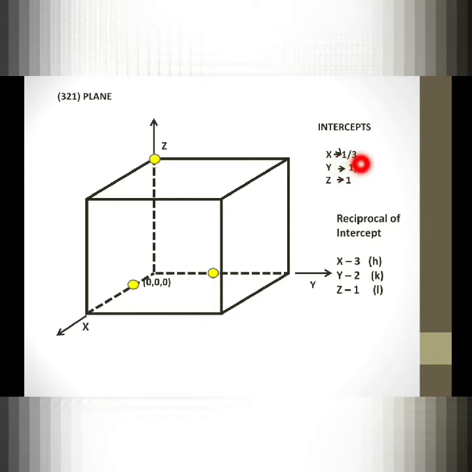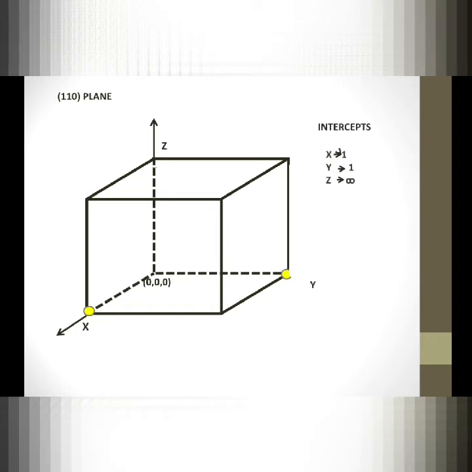The reciprocal of 1 by 3 is 3, that is, 1 divided by 1 by 3 gives 3. The reciprocal on the y axis is 2 and the reciprocal on the z axis is 1. Hence the hkl value of that plane, by joining these 3 points, is 3 2 1, and this plane is the 3 2 1 plane.